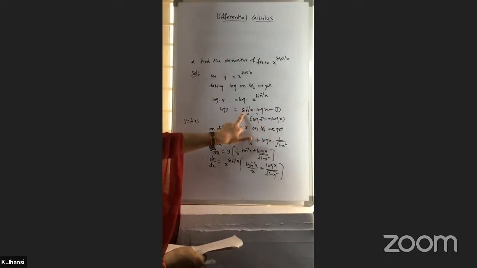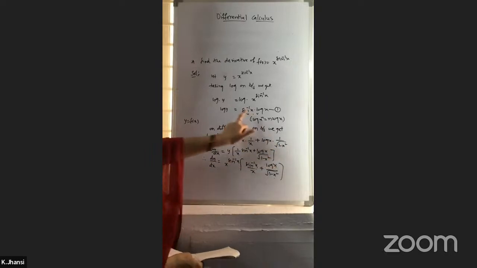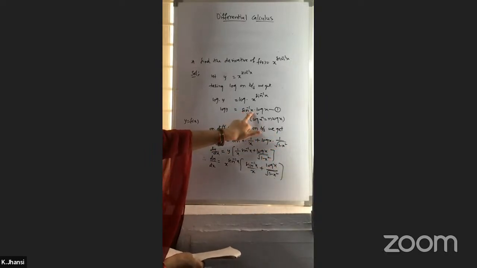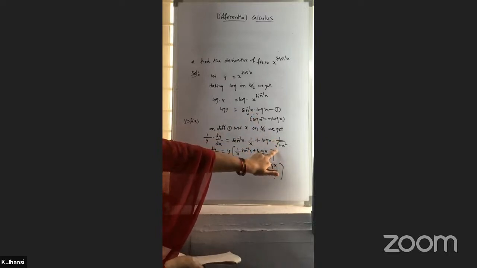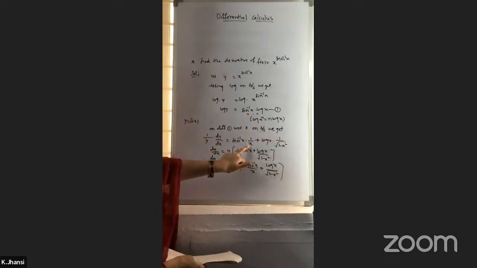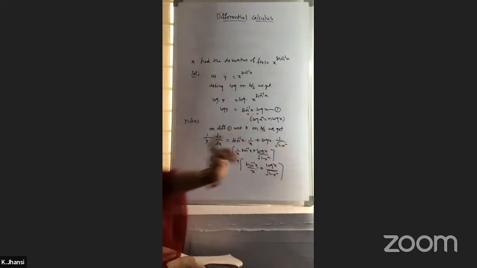Sin inverse x differentiation is 1 by root of 1 minus x square. Sin x differentiation means cos x, no? Like that only, sin inverse x differentiation is 1 by root of 1 minus x square. So this is a direct formula. I have not derived it again; directly we have written log x differentiation is 1 by x, and here sin inverse x differentiation is this one. Understood?